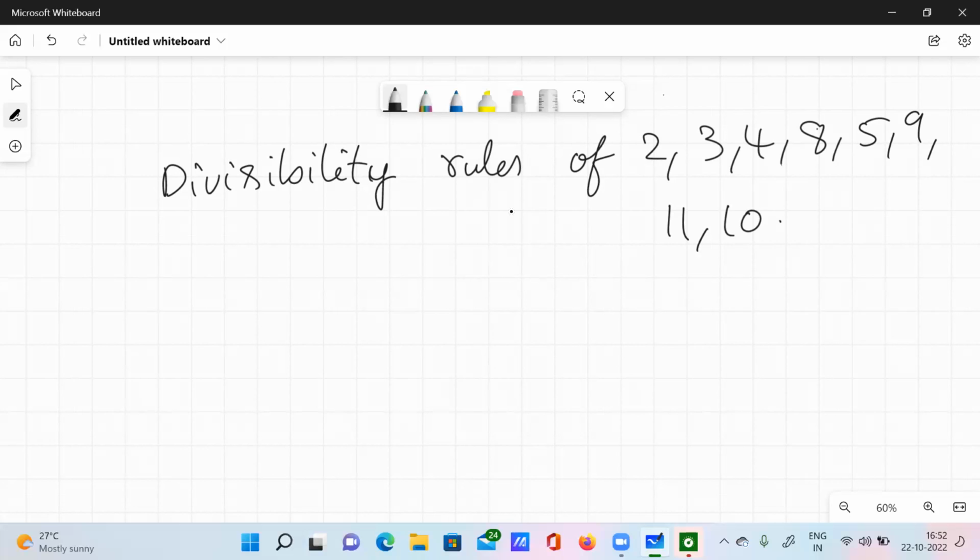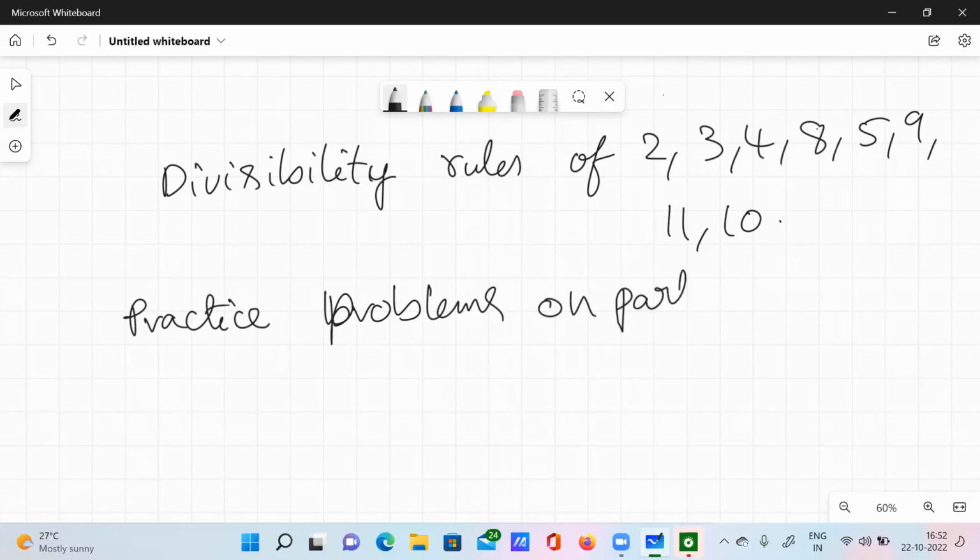And then we have tried some practice problems based on the earlier video, not on the divisibility topic, but the part 1 video of this aptitude series, that is aptitude number system. So we have done this now.